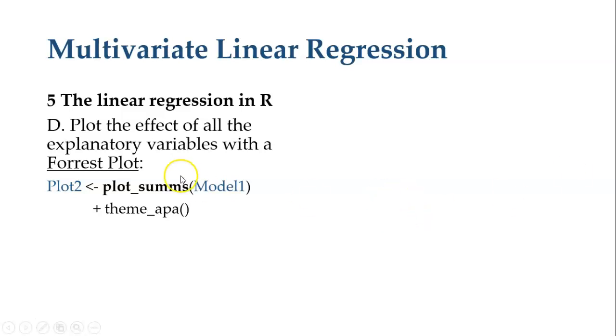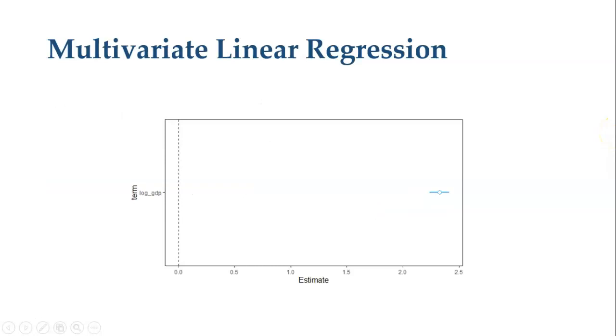Okay. So you use the function plot sums and put again the name, the model. And notice that I'm just adding a beautiful theme. Okay. And this is the result. I know this doesn't look very nice, but it's very useful and it's actually nice. So what you have here is the effect of the log GDP in the estimate.